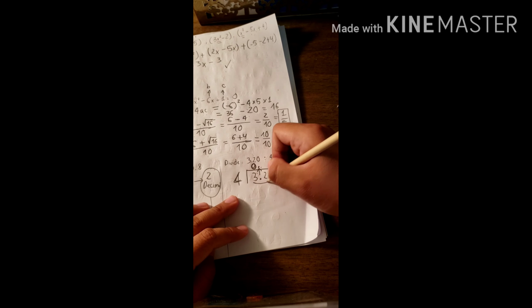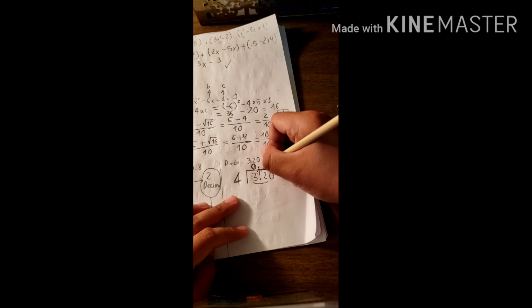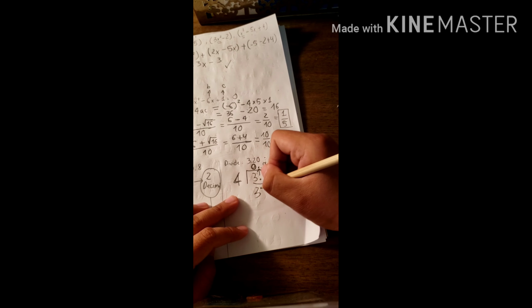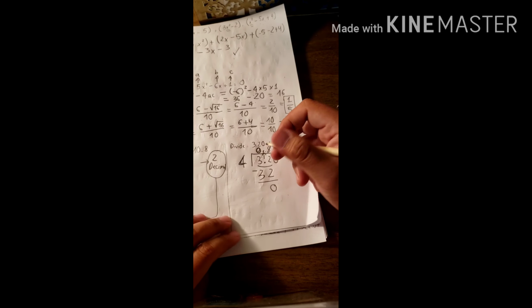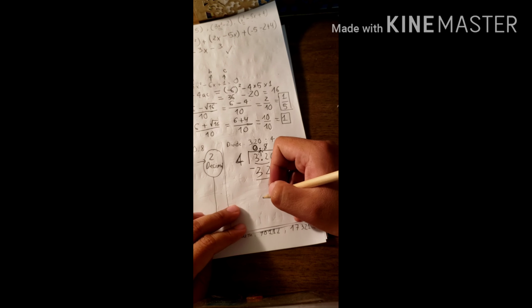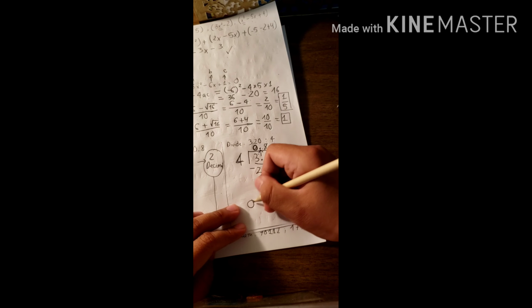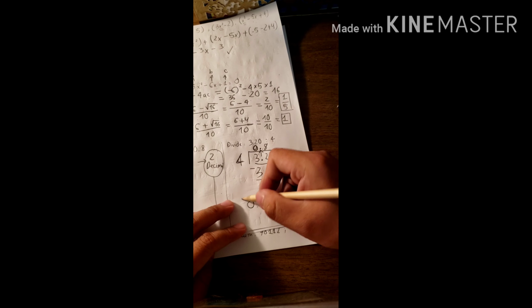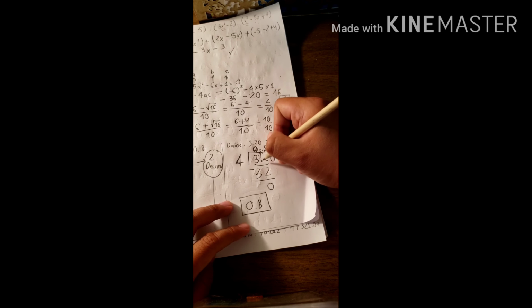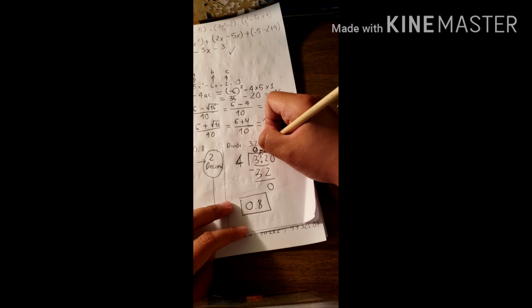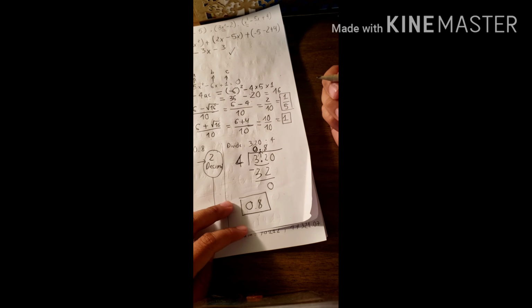And we have 32, that's about 8. And we have 32 minus together, that is 0. So the answer key in the question in here is 0.8, because when you divide, the decimal is similar on the result too.